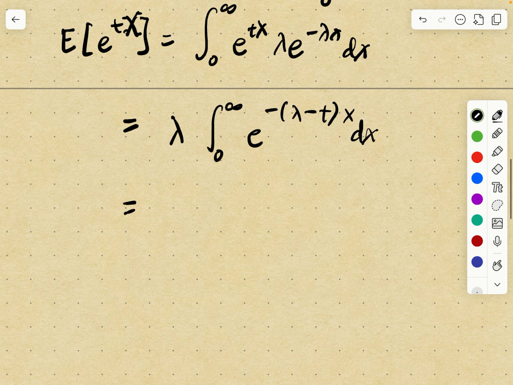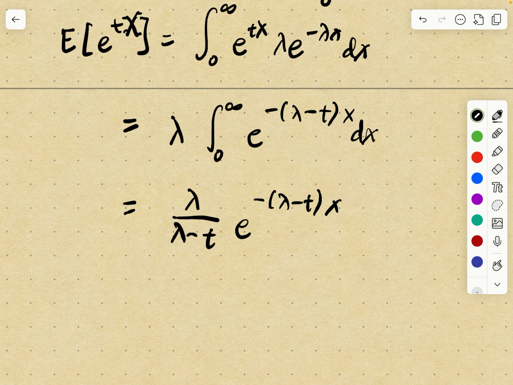So when you do the integral, you get lambda over lambda minus t times the integral of e to the negative lambda minus t x.